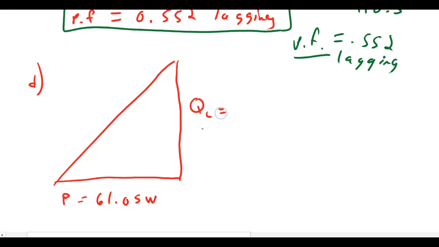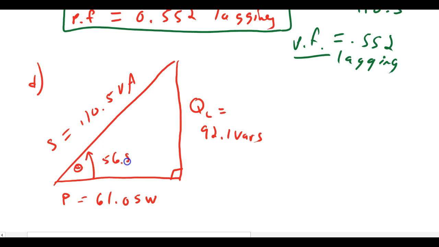QL is equal to 92.1 vars. Maybe I should have drawn it a little bit more to scale. S at 110.5 volt amps. And we should always include theta on the sketch, 56.5 degrees.